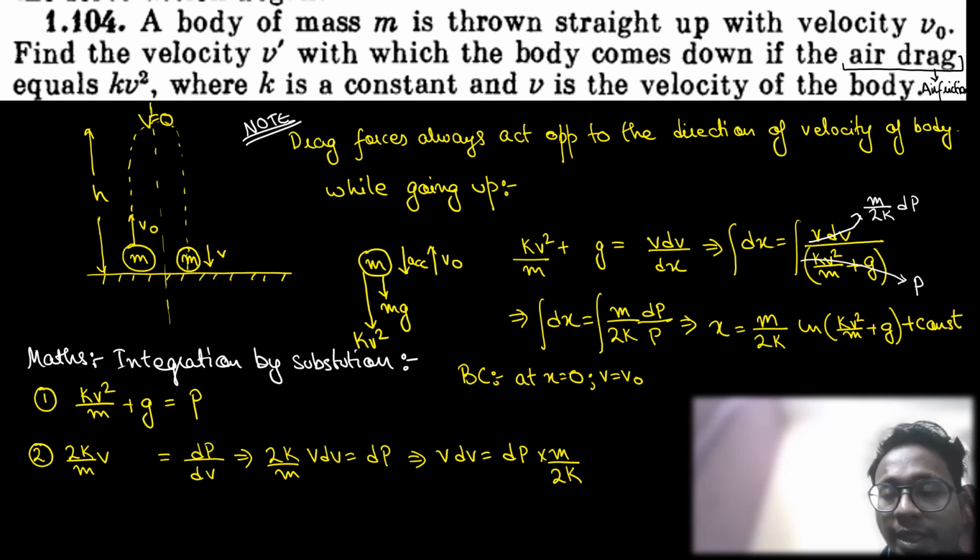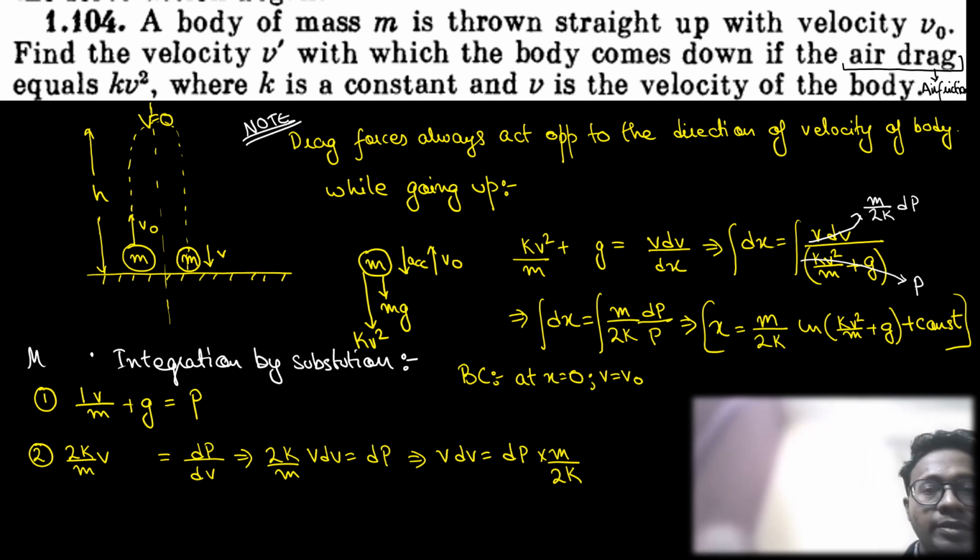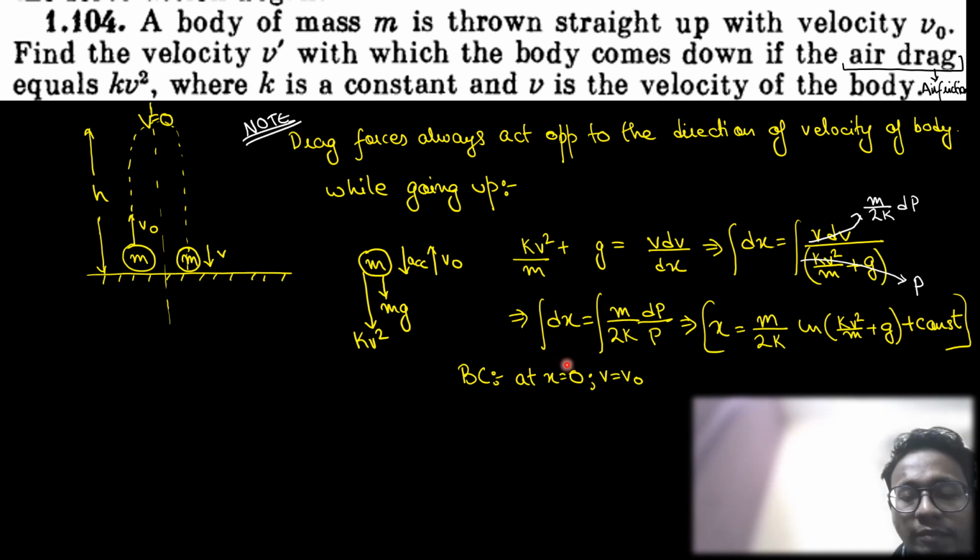We'll get something like this. See, this is the equation. I'm erasing everything here. If you put x is equal to 0 and v is equal to v naught in this equation, you get 0 is equal to m by 2k ln of k v naught square by m plus g, plus constant, is equal to 0.